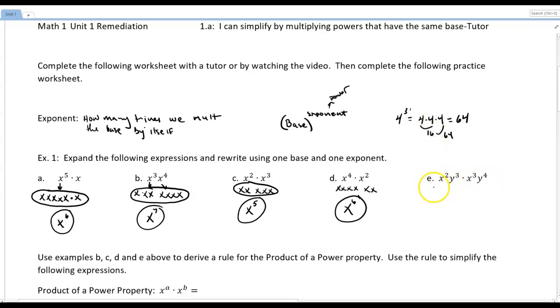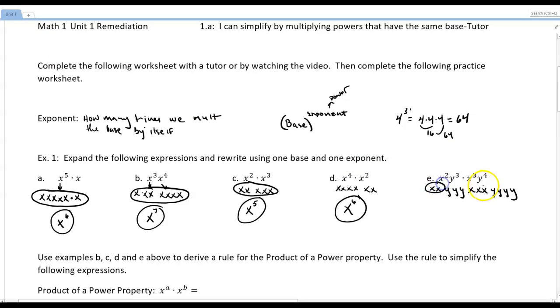Now, for this one, I can rewrite this as x times x, then y times y times y, then x times x times x, and then multiply y by itself 4 times. Remember, multiplication is commutative.